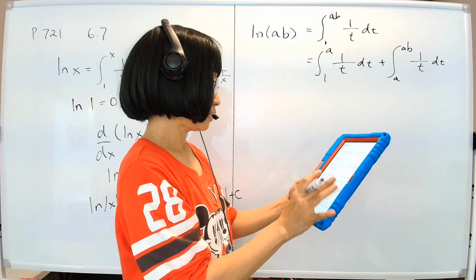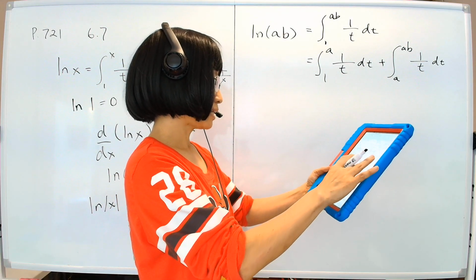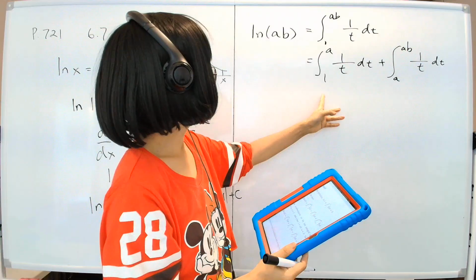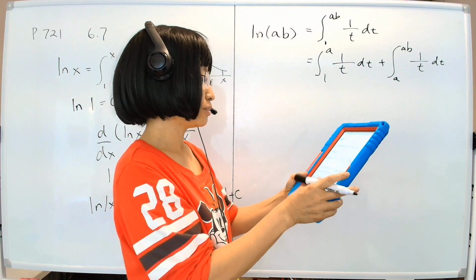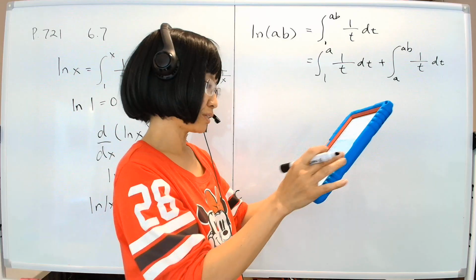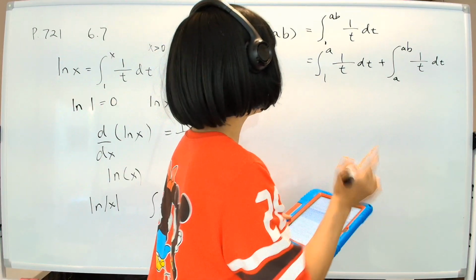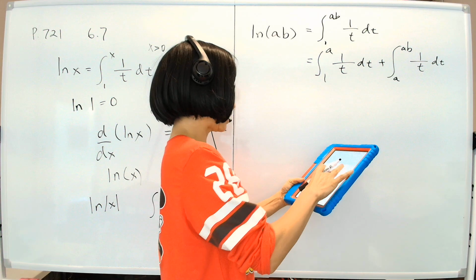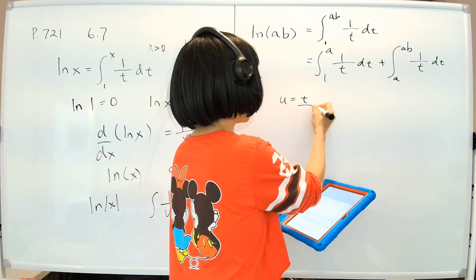And then next, the alien will, well, this one's fine, but what's happening here? So then the alien will use a clever u substitution to get this to come out. The alien lets u equal t over a.